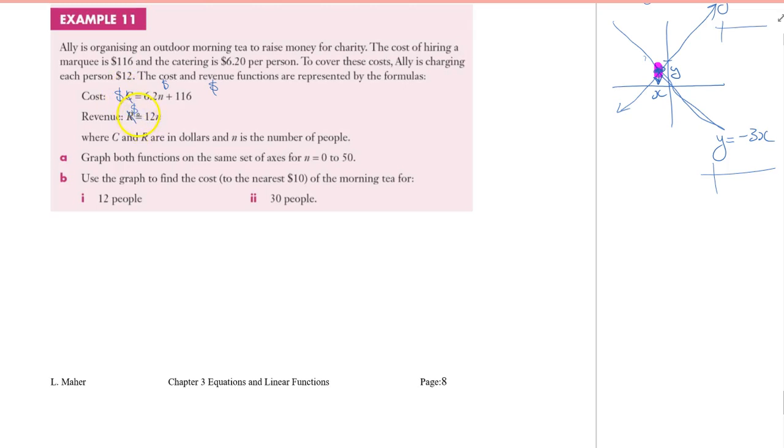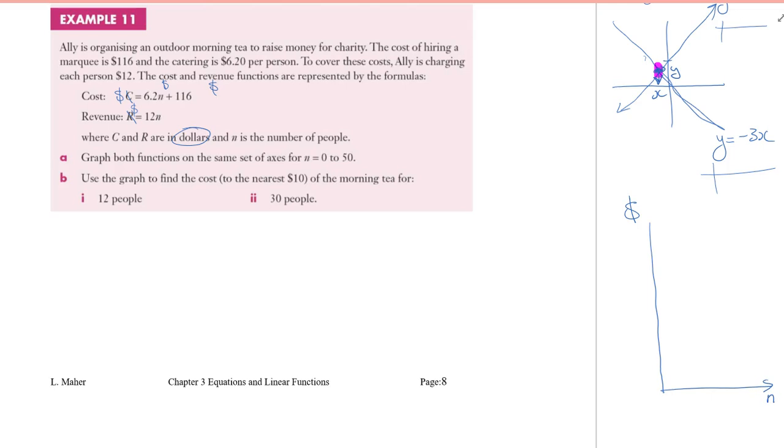This dollar represents revenue, which is money coming in. And it says that here R and C are in dollars, and N is the number of people. It would be like our graph now has dollars and N.